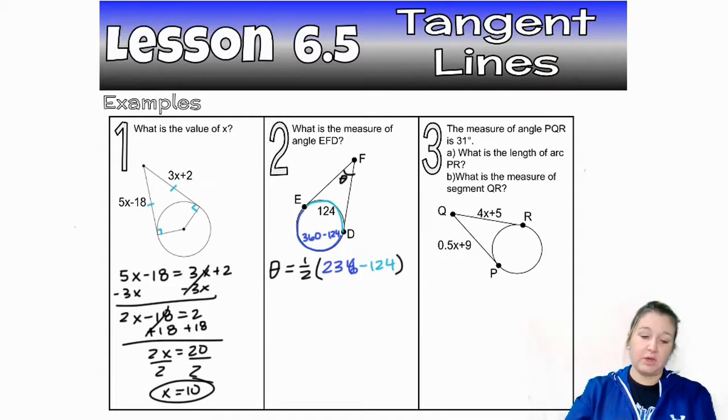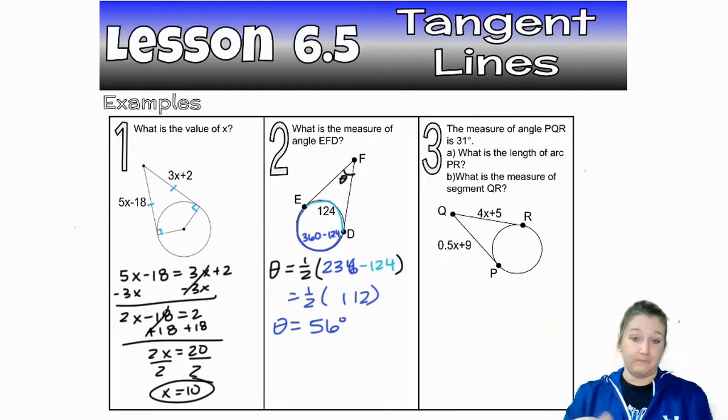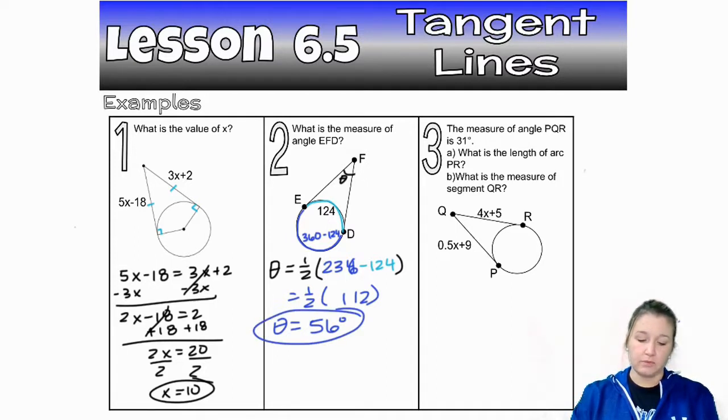Okay, so then I'm going to go ahead and subtract those two. So I have half of 112, which ends up being 56 degrees. So that's going to be theta, or the measure of angle EFD. All right, and then so that's it for the arc lengths or with the angle measure.